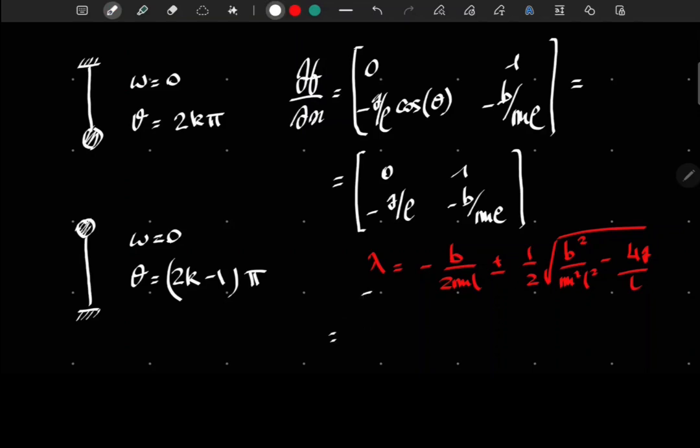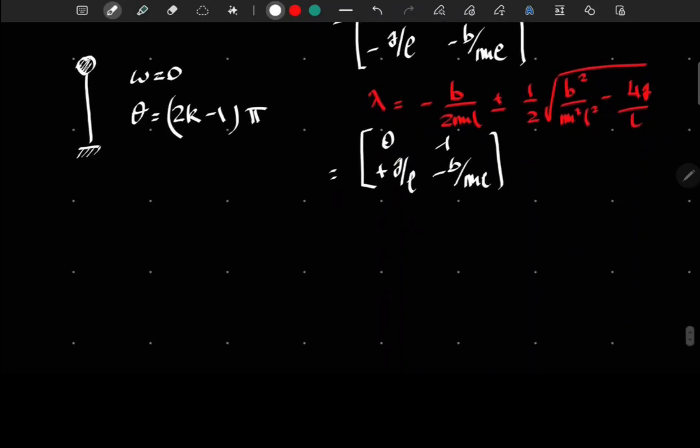In the other case, our Jacobian becomes [0, 1; plus g over L, minus b over m L]. And you immediately see that the only term that changes sign here is the 4g over L term under the square root, which means that in this case, one of the roots will always be positive. Let me write this down in full.